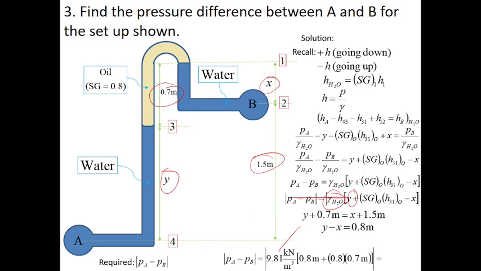Y minus X is 0.8 meter. Then the specific gravity of oil is 0.8, and the H31 of oil is 0.7. So we will get an answer of 13.34 kilopascal. That's the pressure difference.